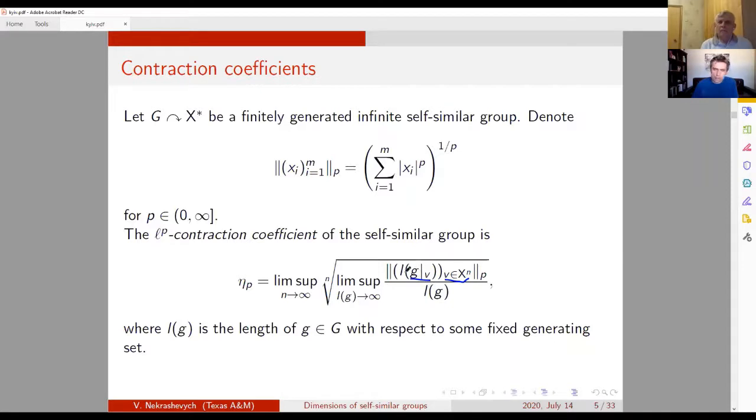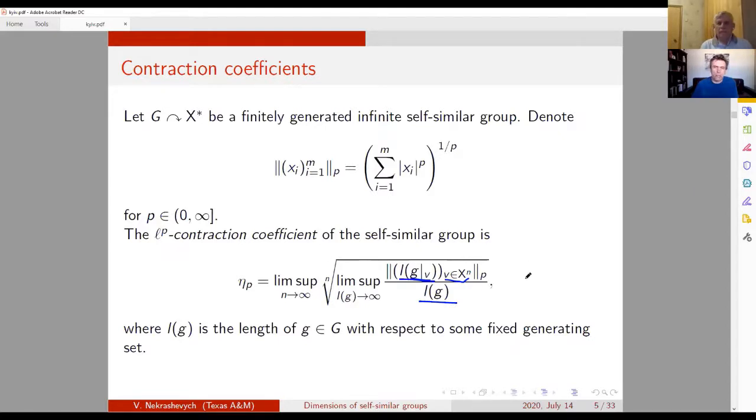So take lengths of these group elements with respect to some generating set. So the vector of lengths will be some vector in some finite dimensional space. Take the p norm of that vector divided by the length of the original group element. Take this upper limit, lim sup, when length of group elements goes to infinity of the fraction.